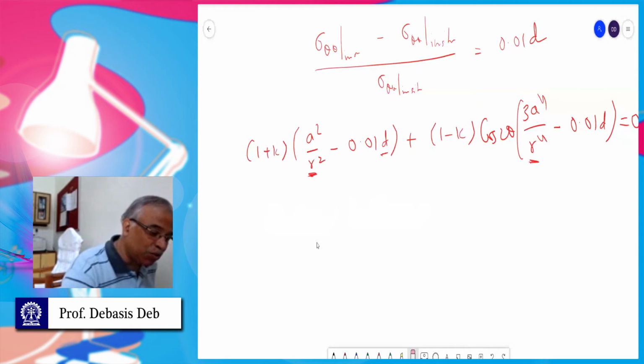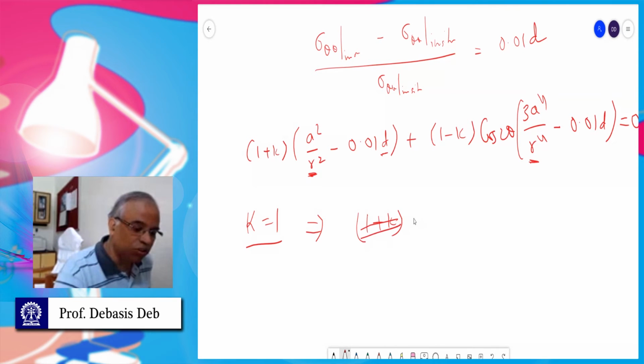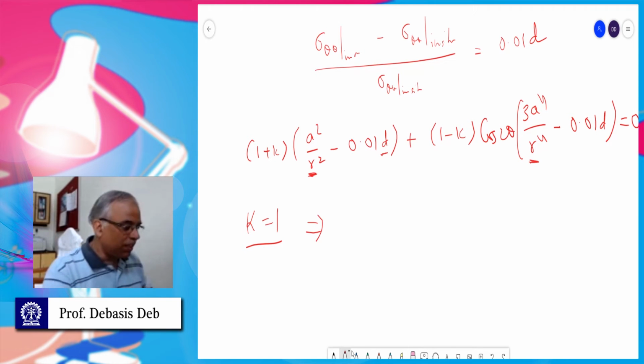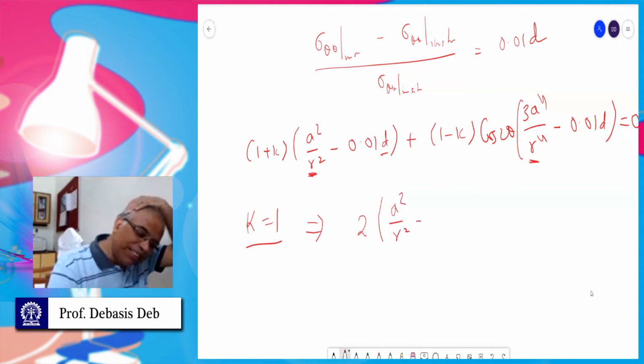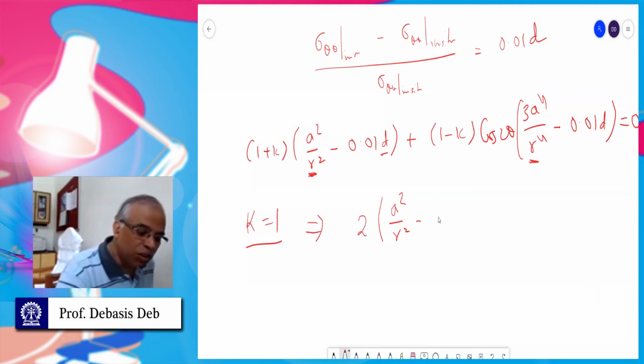Let's put k equals to 1. Then this equation comes down to 2 a square by r square, and let's assume this d is 5%. We normally go by 5%, so 0.05.